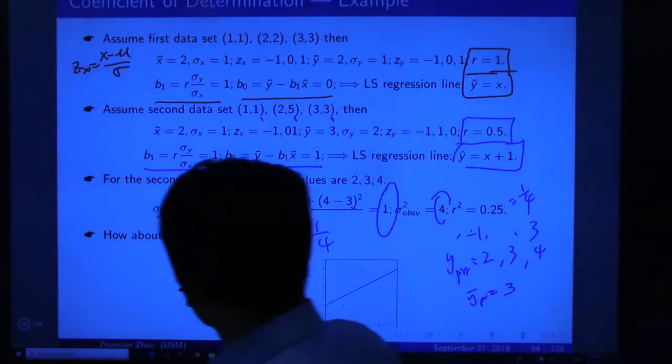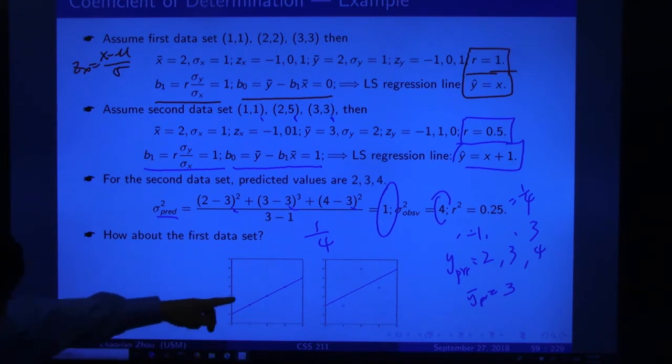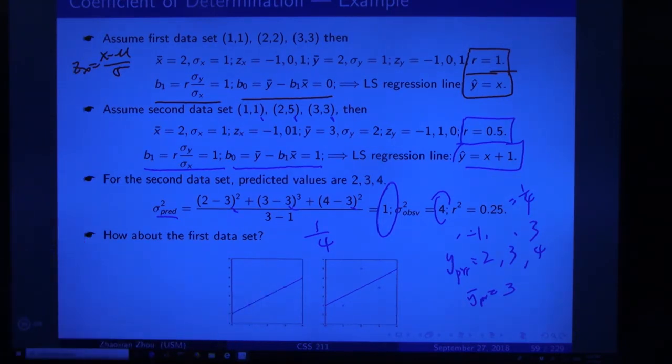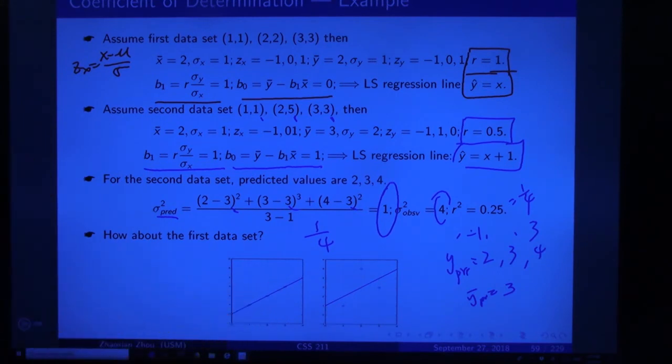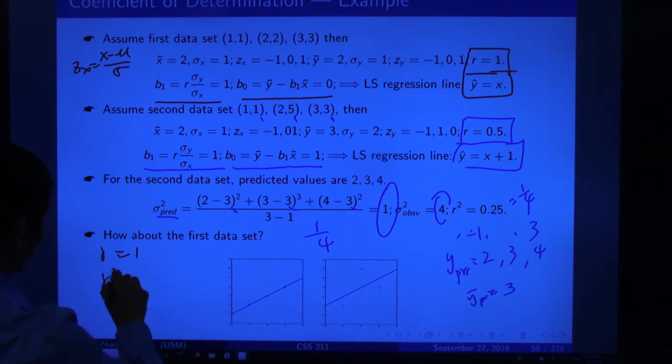Now look at the first data set. First let me make an assumption. Why do we have a change in the predicted y value? Can I claim that it is because of the variance in x? It looks like yes, because all the points are on the line. So in this example, r equals 1, so r squared equals 1.